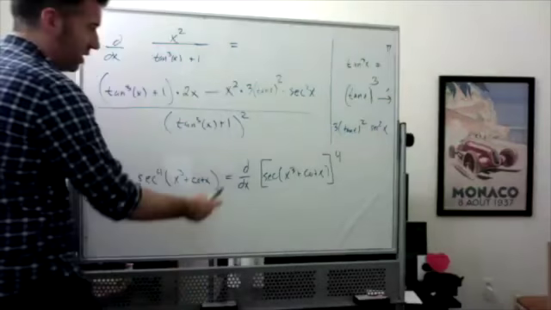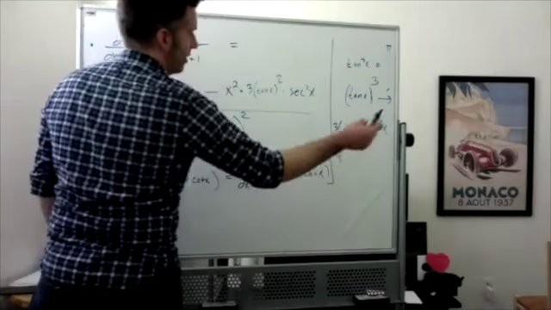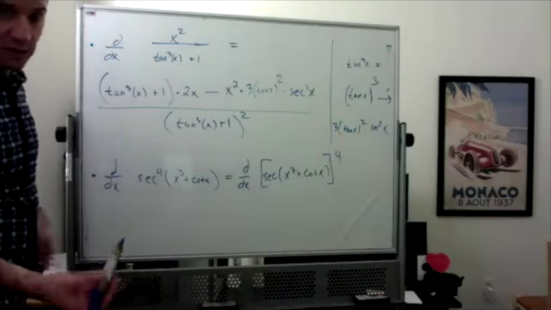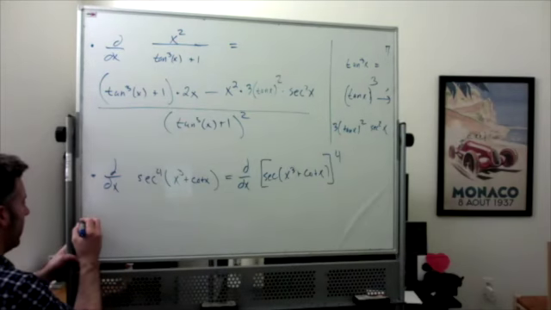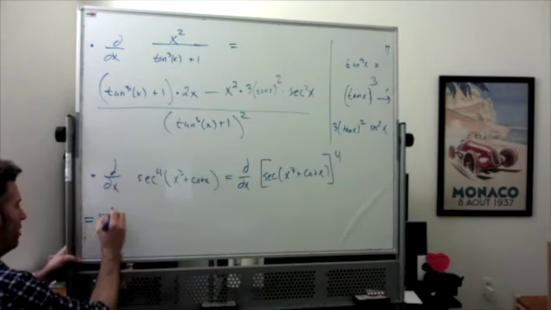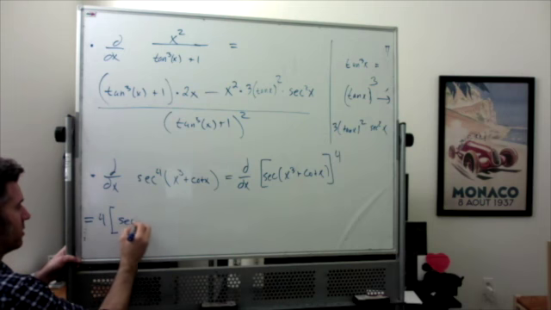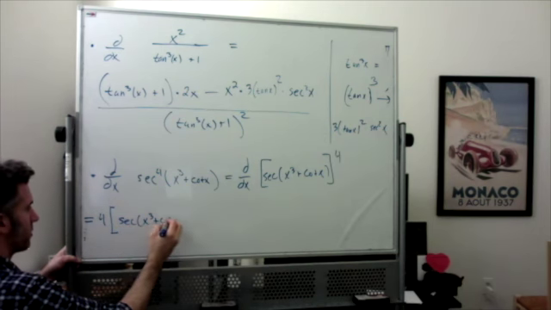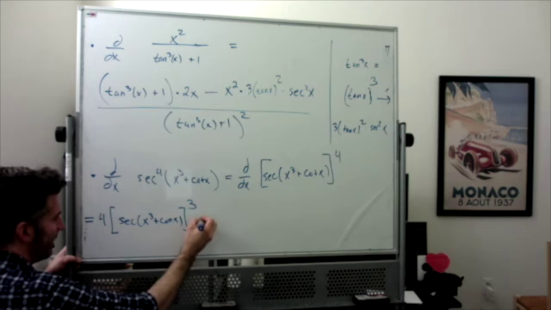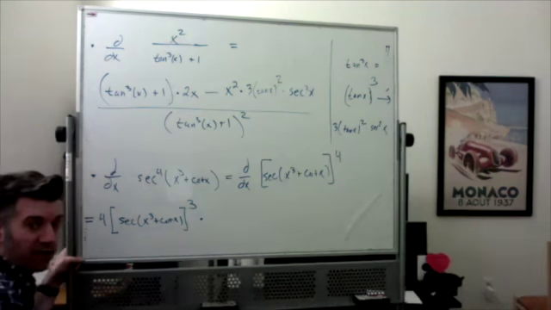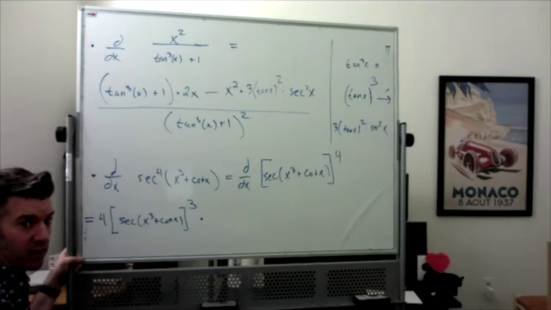So I've got the derivative of some stuff to the fourth power. The derivative of some stuff to the fourth is 4 times your stuff to the third. So we're going to get 4 times our stuff to the third power times the derivative of the stuff. This is where things get a little extra weird.